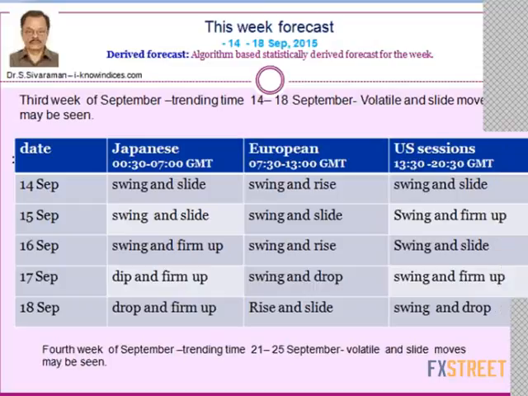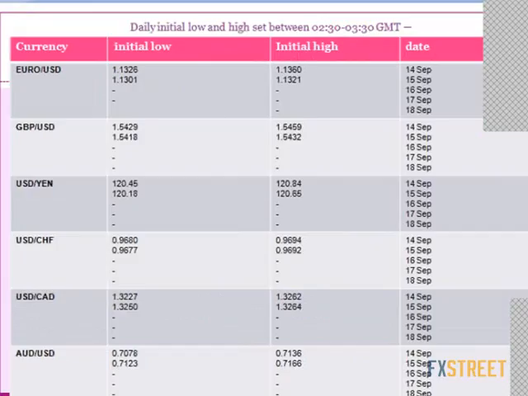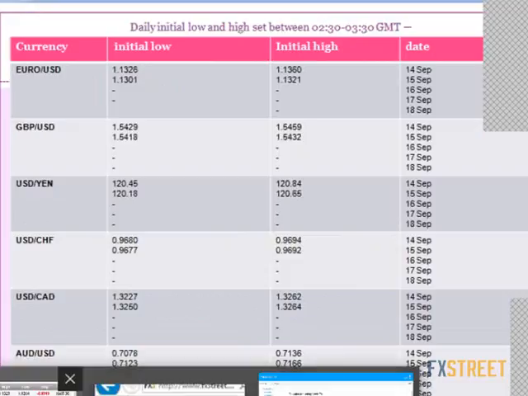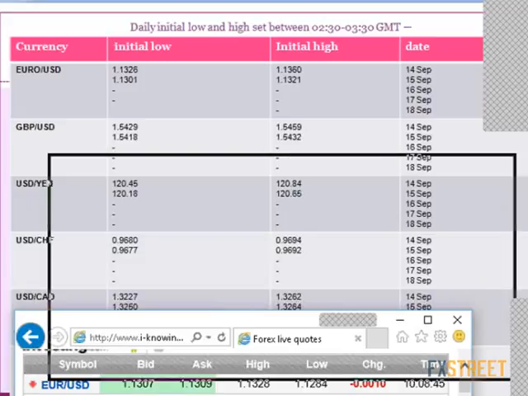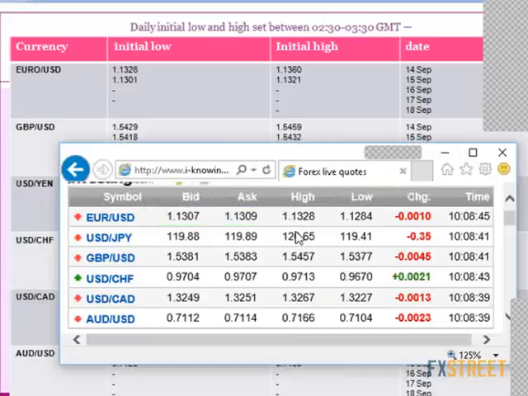But after getting the forecast, we fine-tune it using the initial lows and the highs that they set in the market, so that we'll be able to find out whether they will firm up or rise, or they may not firm up and make only the variable moves, Euro making a small firm up, GBP making a dip, and that sort of contrarian moves, they could do.